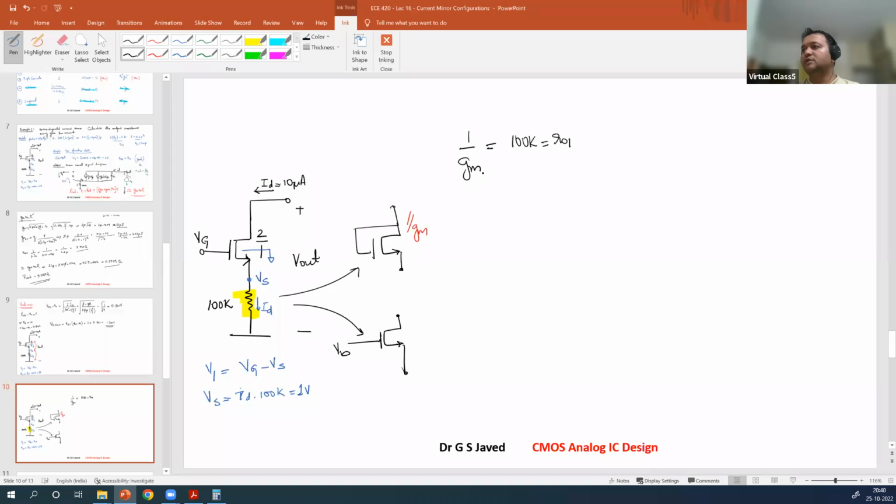So in that case, what would be GM of this circuit? This GM will be 1 over 100K, or 10 over 1 mega. That would be 10 microampere per volt square.